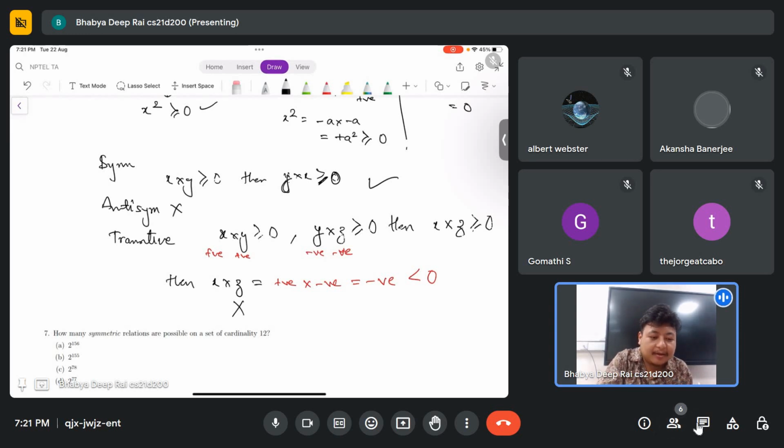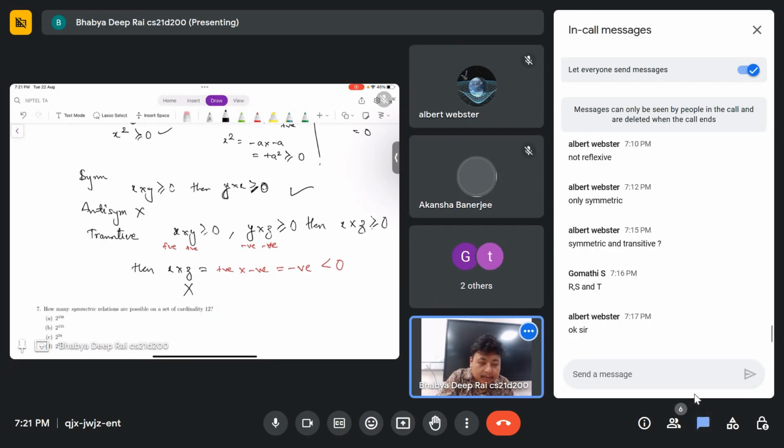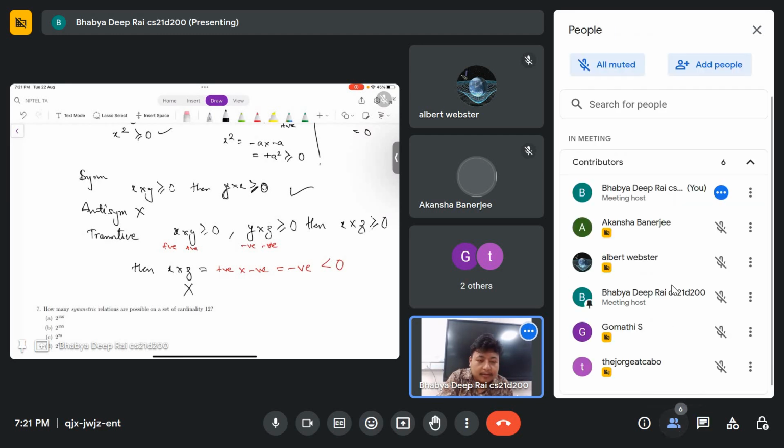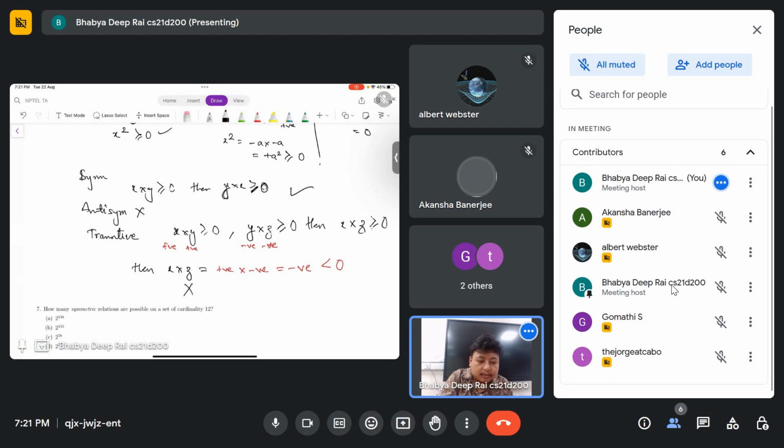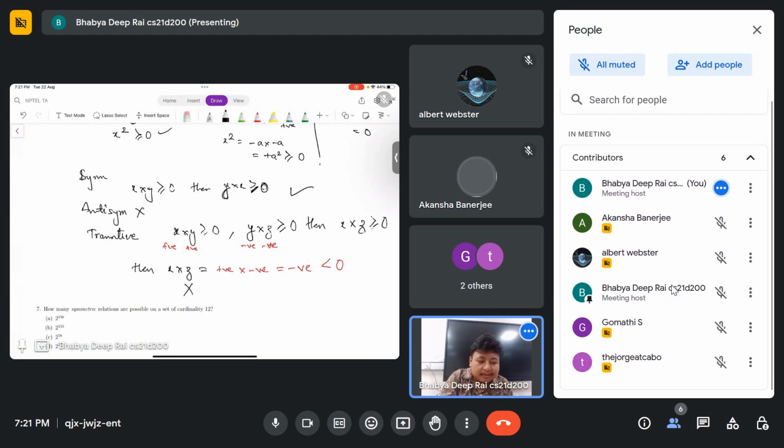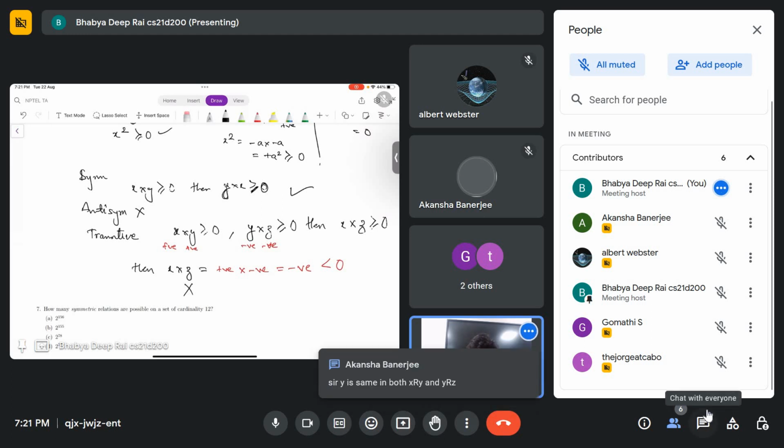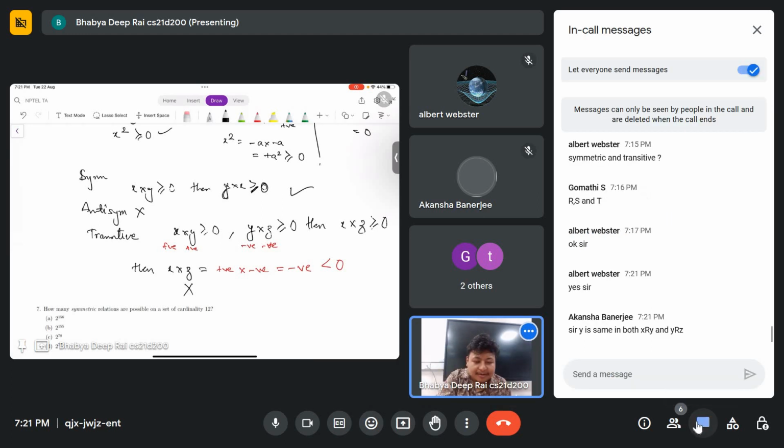Okay, is this clear? Albert, Akanksha, Gomati. Sir, y is the same in both x related to y and y is related to z.